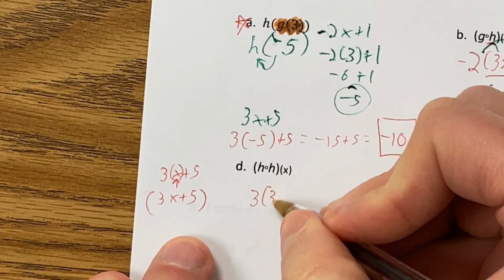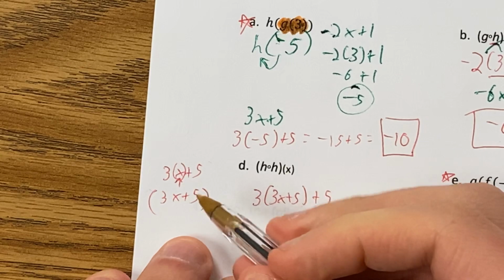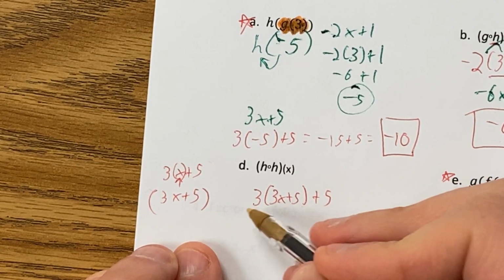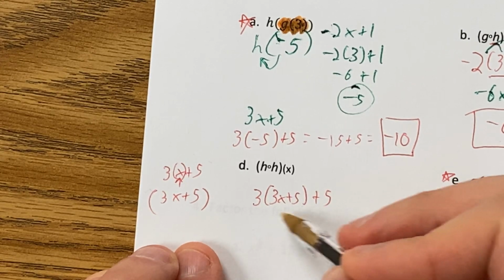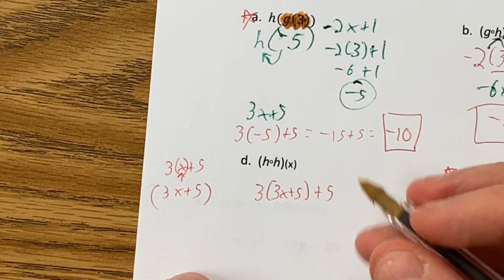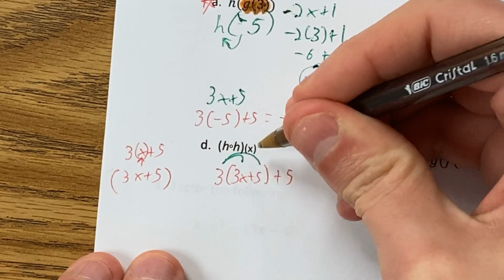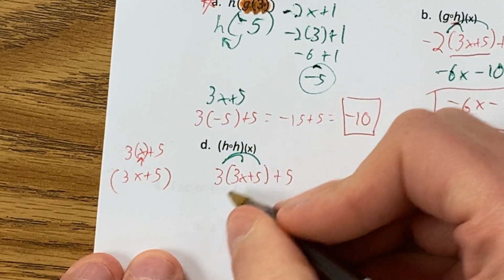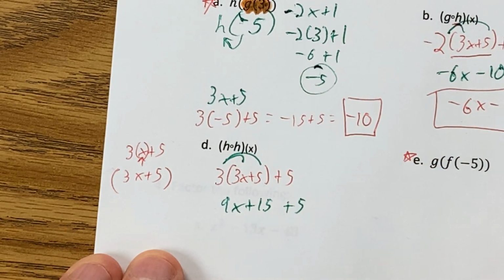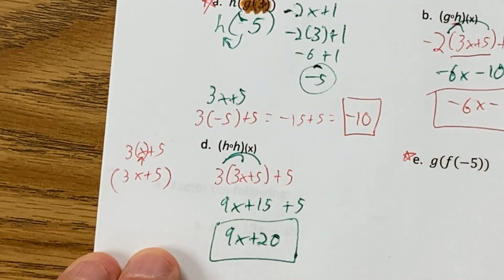You replace the x with 3x plus 5 again. So it's embedding inside of itself. Inception. Luckily, this is a simpler type of simplifying. 9x plus 15 plus 5. So you get 9x plus 20 as the final answer.